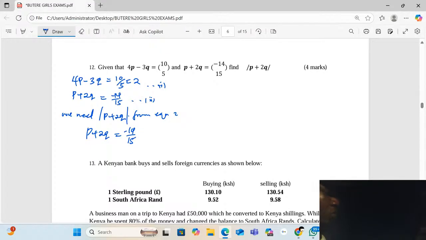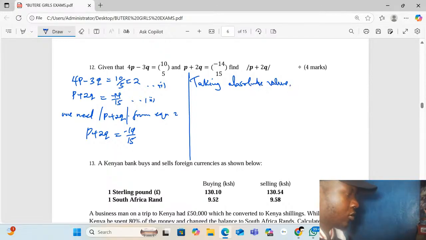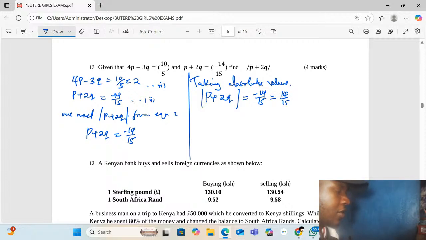So when taking the absolute value, the magnitude of p plus 2q is equivalent to 14 over 15.